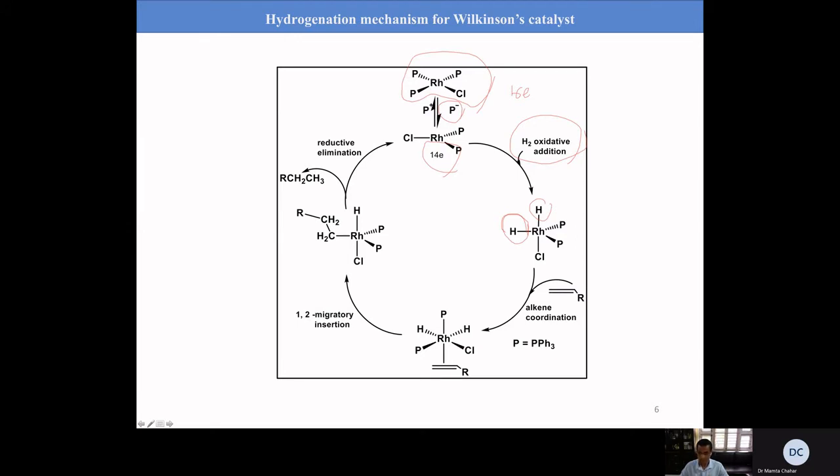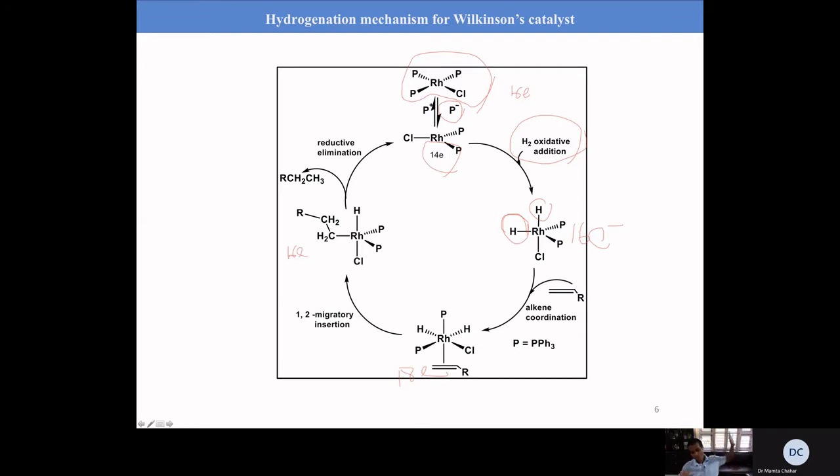That becomes very clear because we have a relatively electron rich species, and olefin coordination is not going to be helpful at this stage. So we have a 16 electron species, and then olefin coordination will lead to the 18 electron species, and then beta migratory insertion leads to a 16 electron species, and then reductive elimination goes to the 14 electron species.